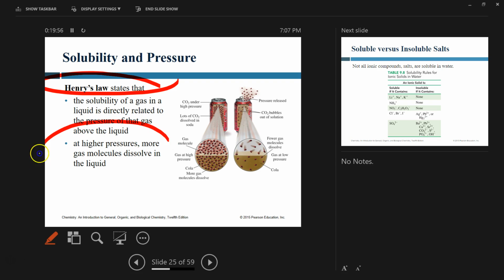Now, another important thing is that if you increase the pressure of the gas over the fluid, its solubility will increase. That's the basis of carbonation. As far as I know, you can now buy a machine that will make carbonated water, right? Basically the idea, it increases the pressure of CO2 over the fluid.